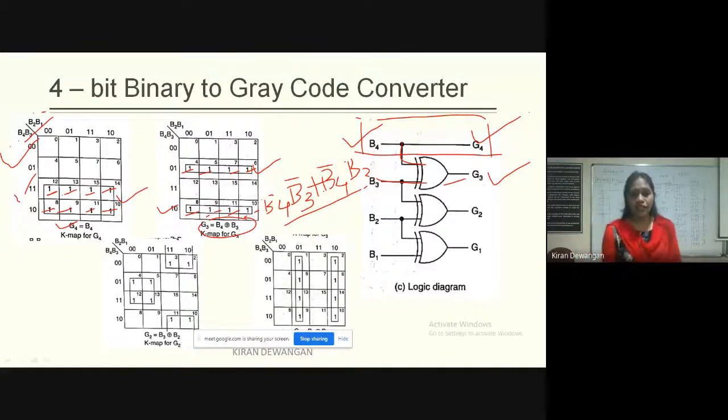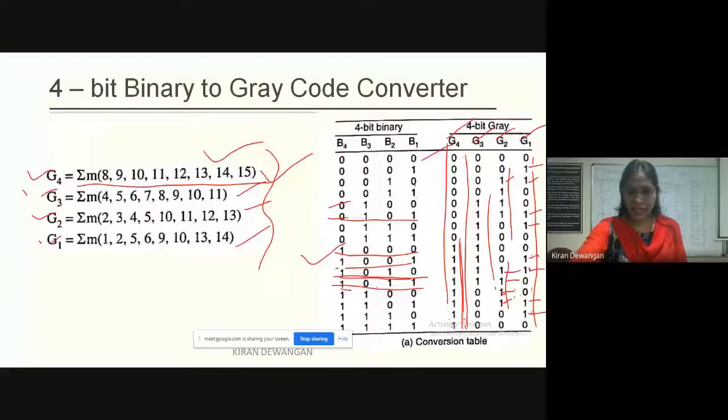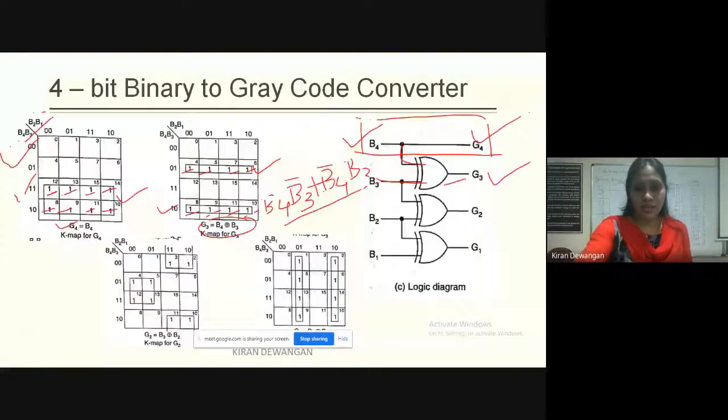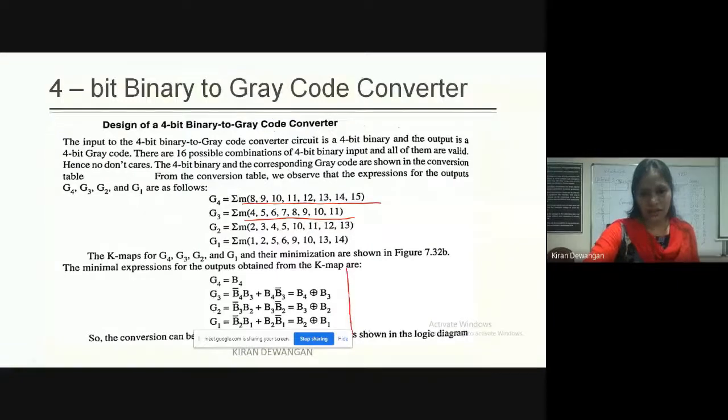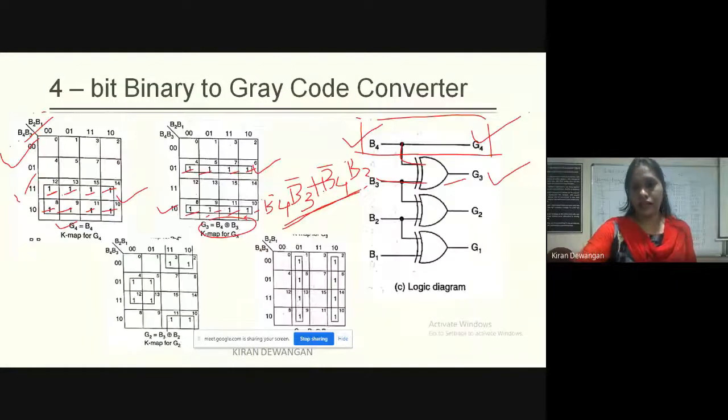Designing is equally important. तो डिजाइन करना अगर आएगा आपको तो आप सबसे पहले ये टेबल लिखोगे. टेबल लिखने के बाद आप ये लिखोगे कैनोनिकल एक्सप्रेशन. उसके बाद आप ये के मैप बनाओगे. के मैप से ये एक्सप्रेशन निकालोगे. फिर एक्सप्रेशन, ये आपका एक्सप्रेशन रहेगा फॉर G4, G3, G2 and G1, and then you will design it.